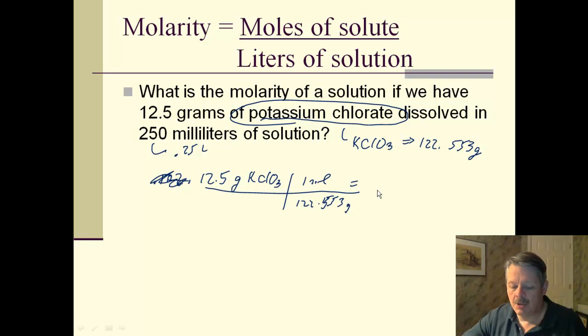That's what gives me the 0.102 moles of KClO3. So now I do the division. 0.102 moles divided by 0.25 liters, and that's going to give me 0.41 molar.